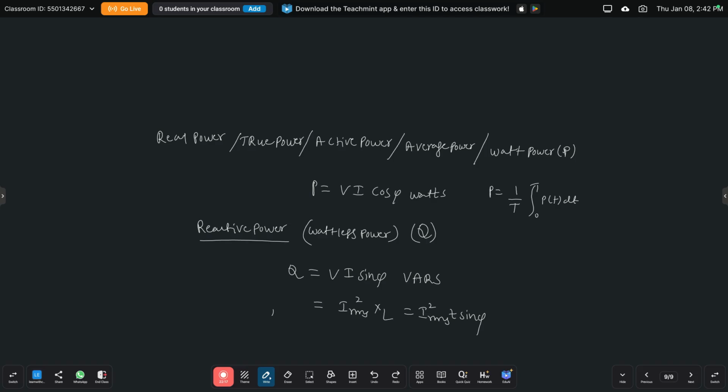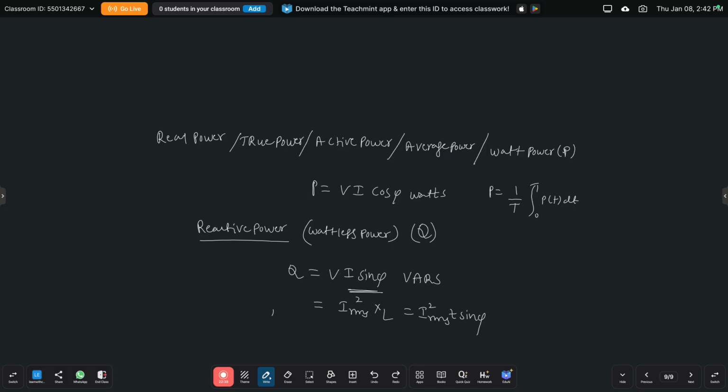The units for the reactive power is volt ampere reactive. And you can also define the reactive power as the power in an AC circuit defined as the product of RMS value of voltage and the reactive component of the current, called the reactive power Q.